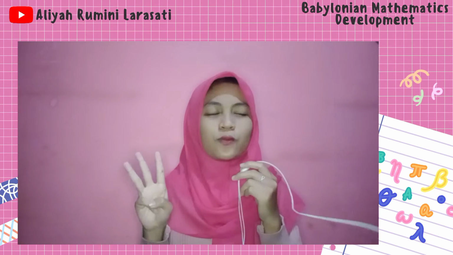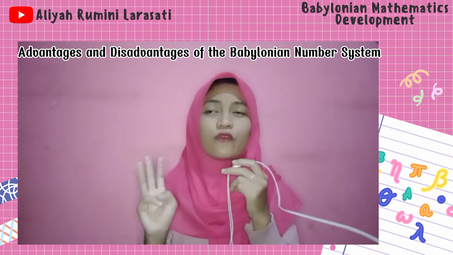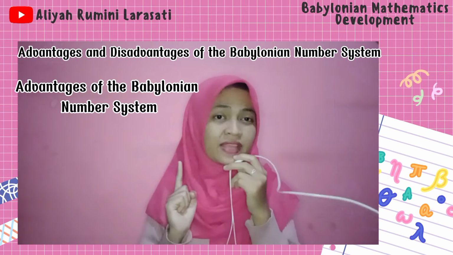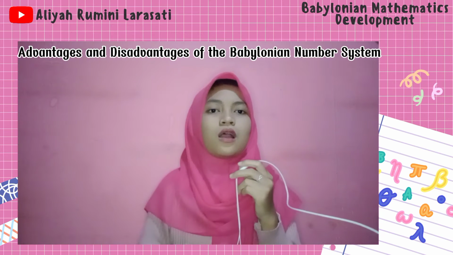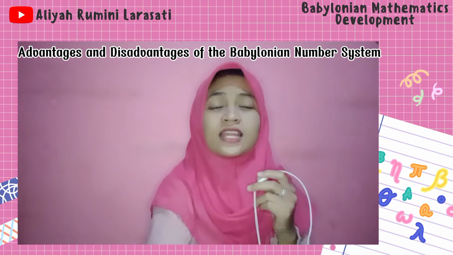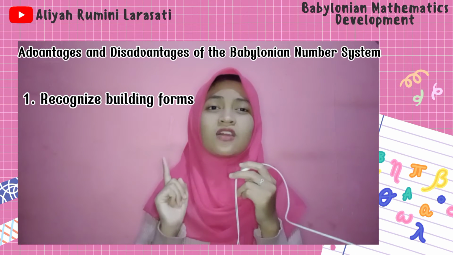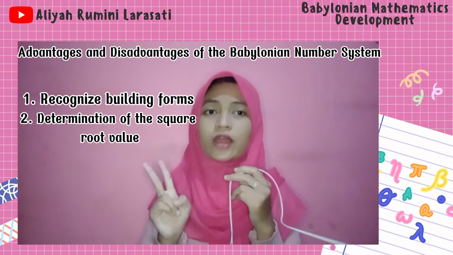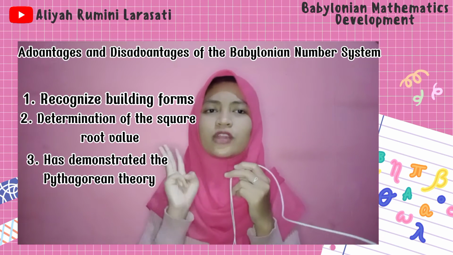And then the third subchapter is about advantages and disadvantages of the Babylonian number system. The first one is the advantages of the Babylonian number system. The first advantage is recognizing building forms. The second, determination of the square root value. The third, having demonstrated the Pythagorean theorem.